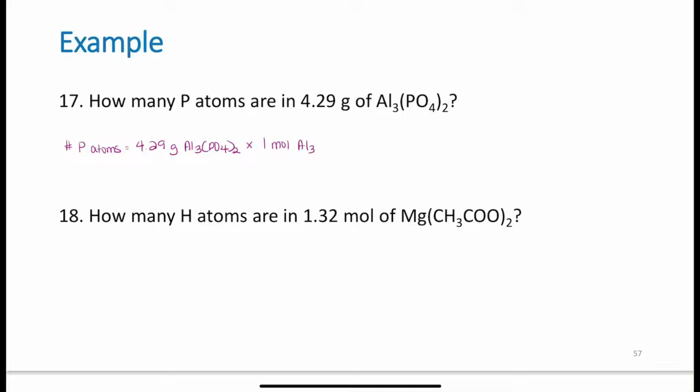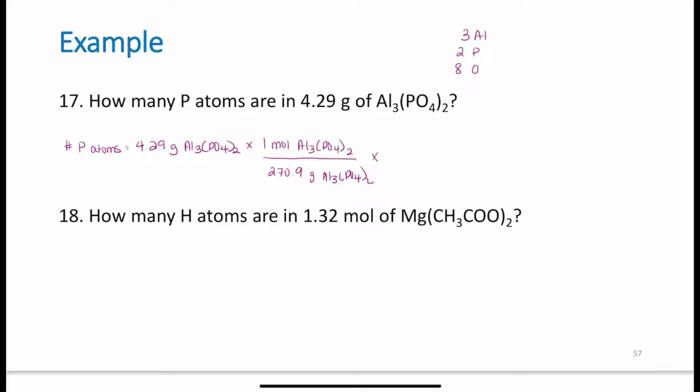Remember, when in doubt, convert to moles. To do that, I need the molar mass of aluminum phosphate. I'm not going to add them up individually here, but you need to recognize you have 3 aluminum, 2 phosphate, and 8 oxygen. 270.9 grams of aluminum phosphate.